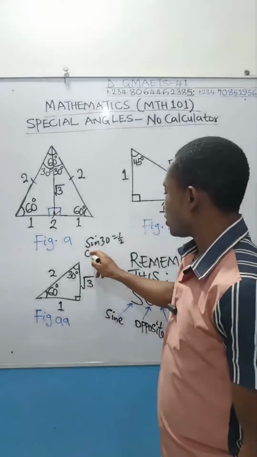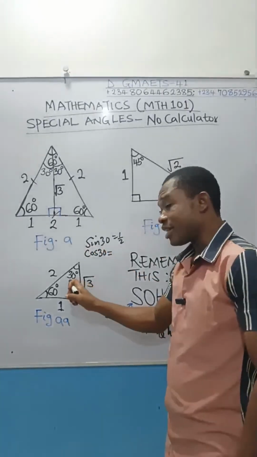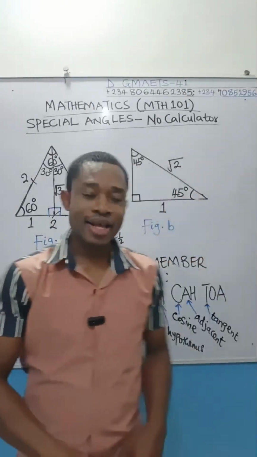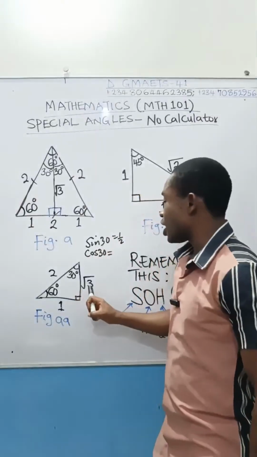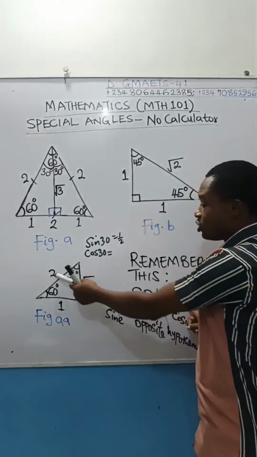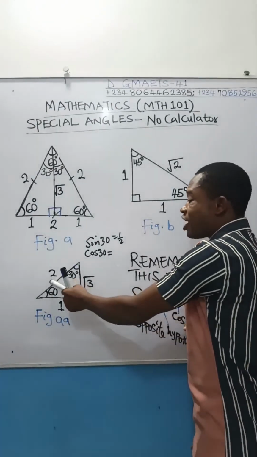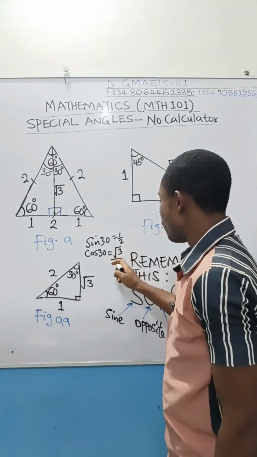What about cos 30? We come back again to that. Cos is CAH, adjacent over hypotenuse. The adjacent here is square root of 3. So adjacent over hypotenuse will give you square root of 3 over 2 as the value of cos 30.